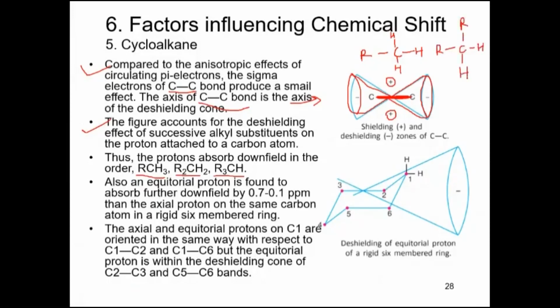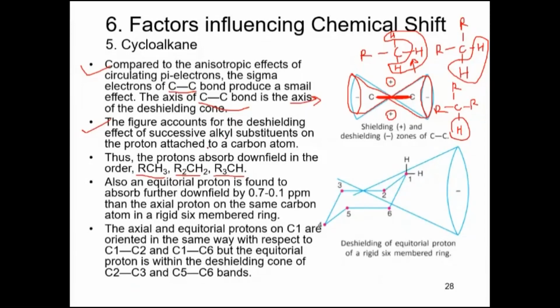This is primary carbon, this is secondary carbon, and then we will have a tertiary carbon. So we are discussing these hydrogens in the case of primary, these two hydrogens in the case of secondary, and this hydrogen in the case of tertiary. They will experience the most downfield effect.